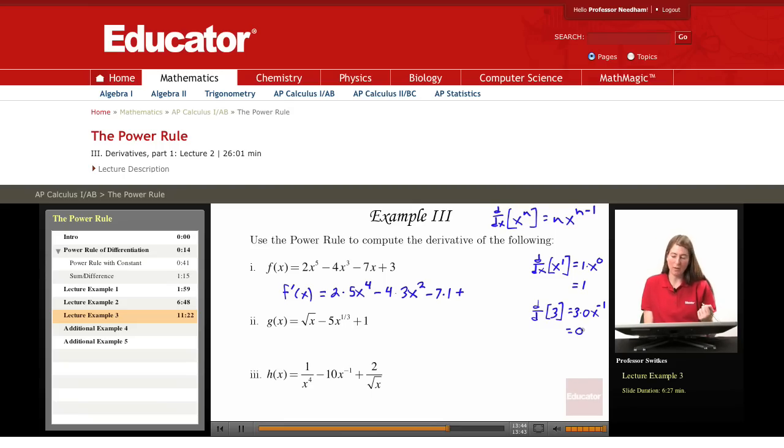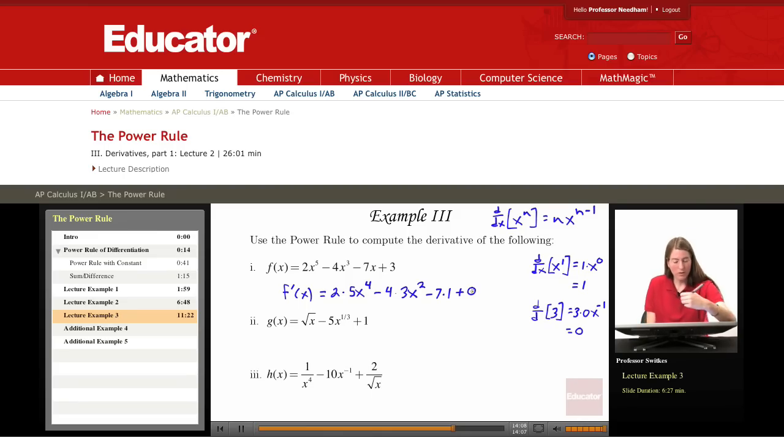A perhaps better way to look at this is that the function g of x equals 3 is a constant function, and its slope is always 0. And at this point in the course, you may have looked at the fact that the derivative function is a slope function. And since the slope of the constant function 3 is 0, the derivative here is 0.